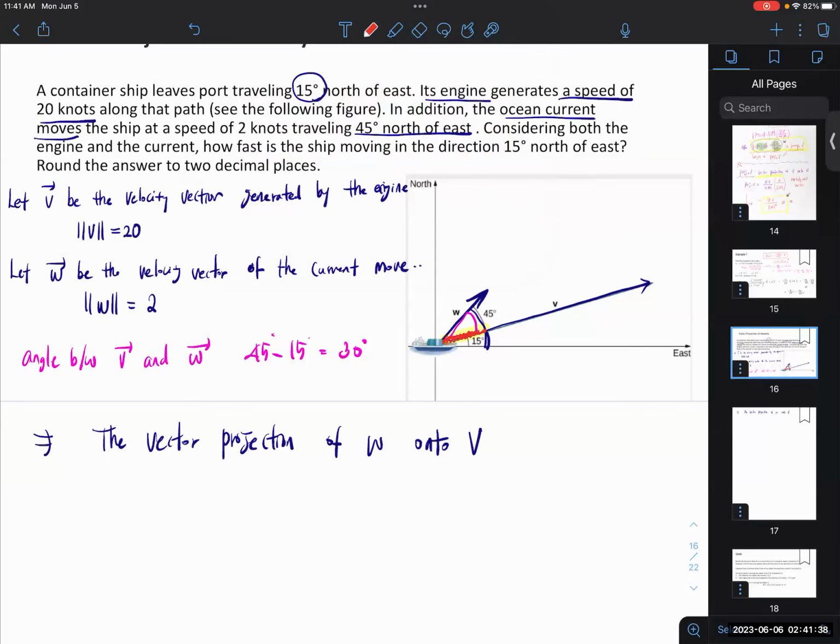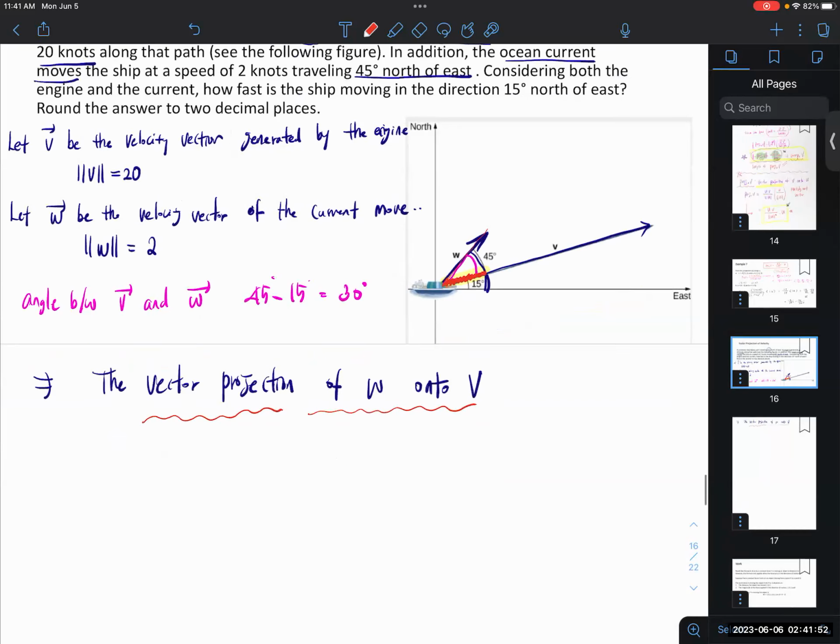W keeps going, but I want to find how fast it is going onto V. So this is what they're looking for, the vector projection of W onto V. We need to simply find the vector projection.